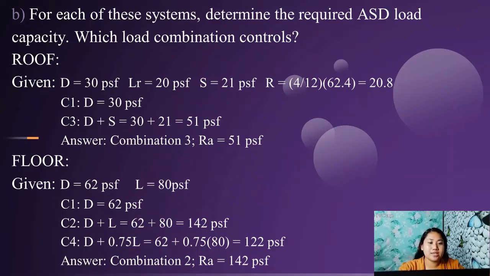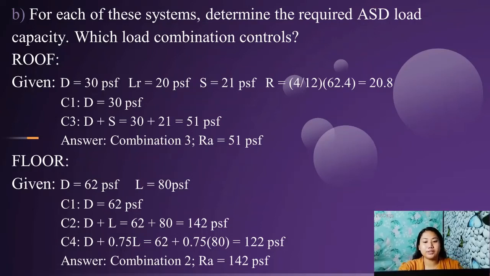Then for rain, it is the same as what we did earlier, rain is equal to 20.8. Then we have here C1 then C3. We just want to identify which is higher. So combination 3 is higher. So we have 51 pounds per square foot.